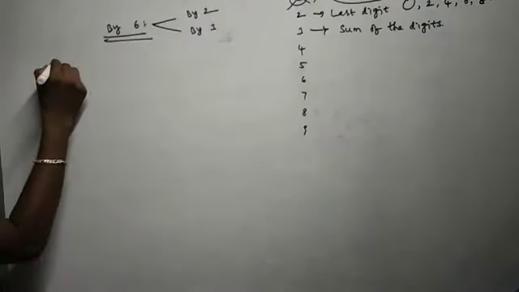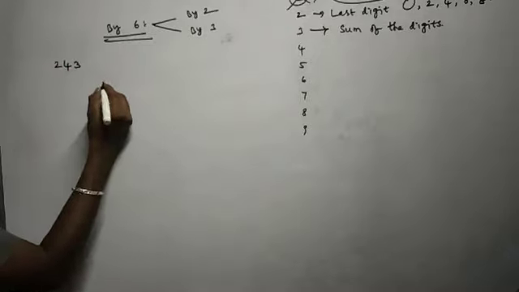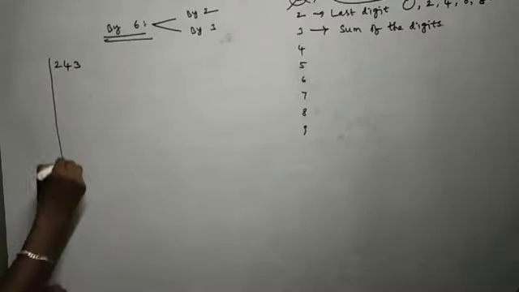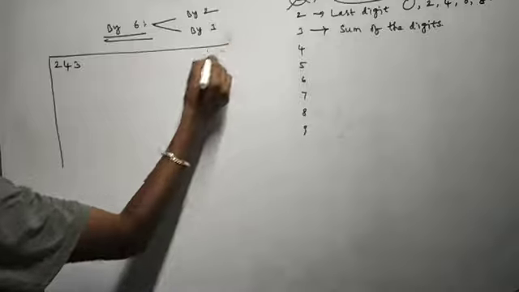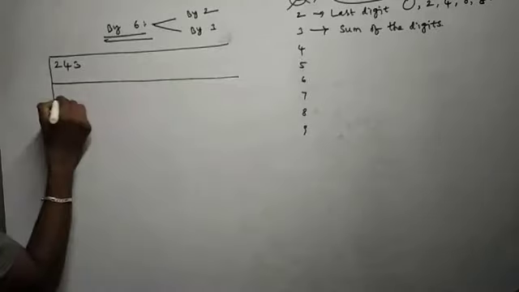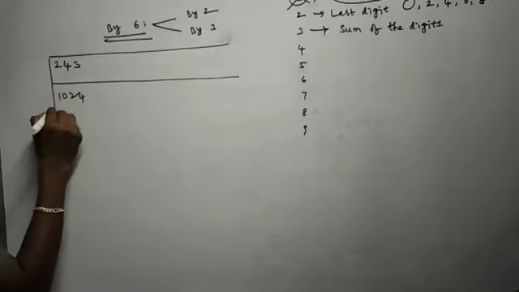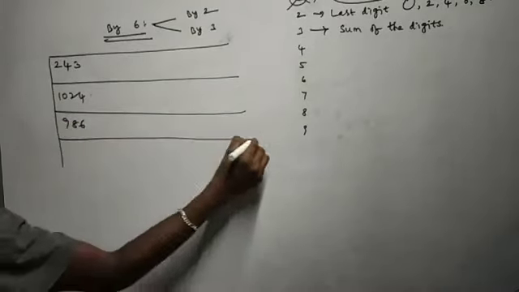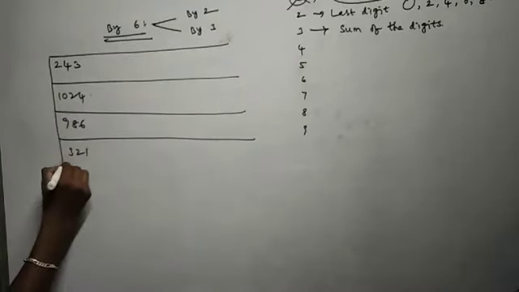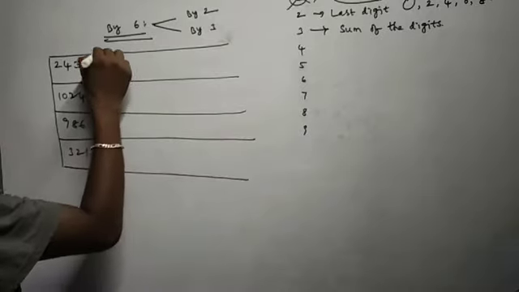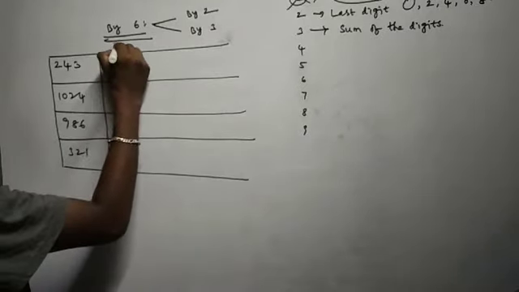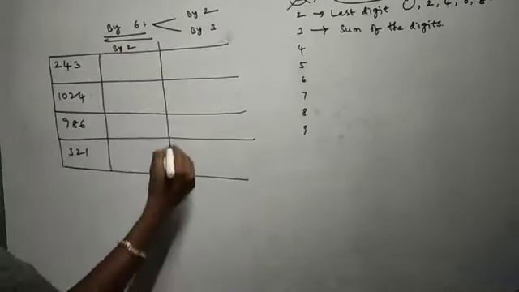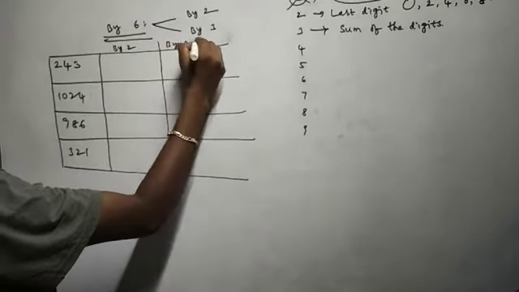Now check 243, 1024, 986, 321. Now check whether it is divisible by 6 or not.